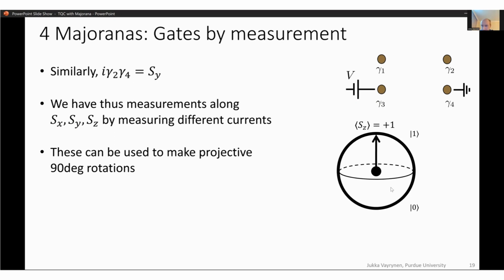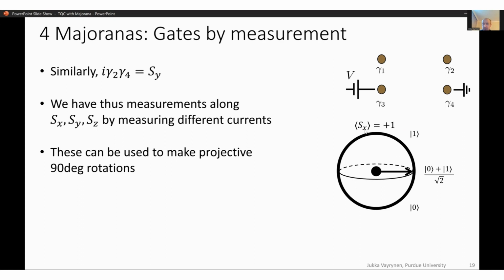And by doing these measurements, you can basically do projective 90-degree rotations on the Bloch sphere. So for example, if we get sigma z equals +1, we know that our qubit is in the state 1. And similarly with -1.